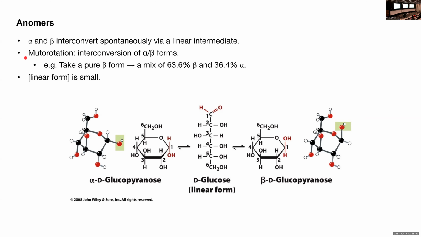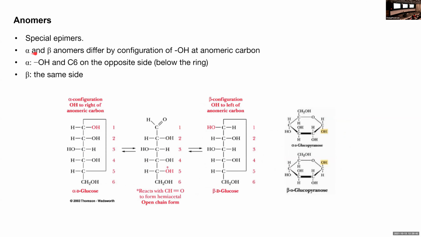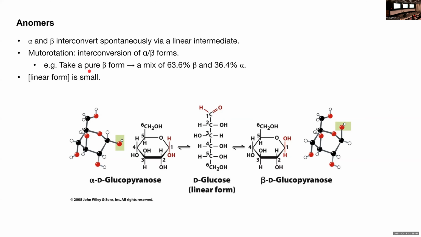This process is called mutarotation, where there's an interconversion between the different anomeric forms. An example is that even if you start with a pure form, like the beta form, you're going to end up with a mixture of some alpha forms and some beta forms.